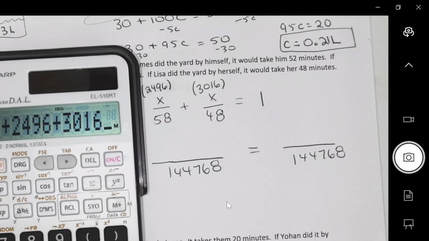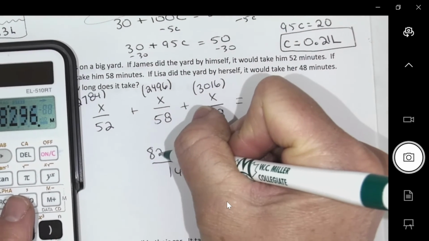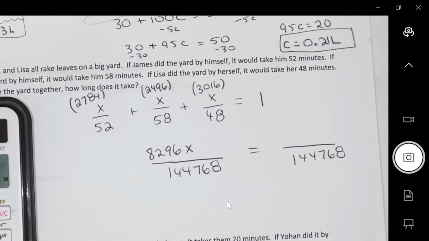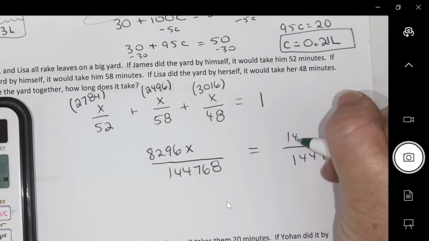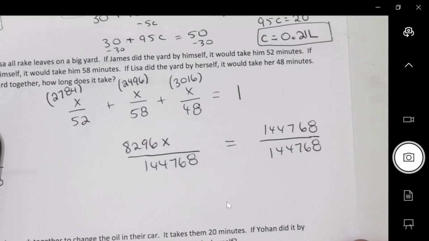Okay, how many x's do I have altogether? So I'm going to add all three of those up. So 8296x, that, and that. How many x's did it make? How do you ever write 1 as a fraction? You just write the same thing over the same thing. That's the idea of writing a 1.